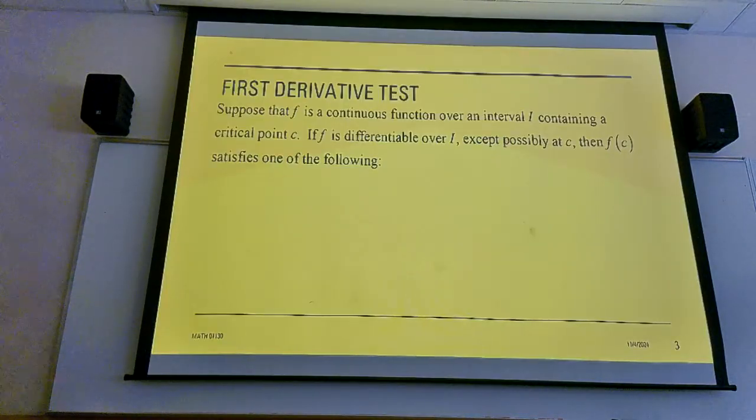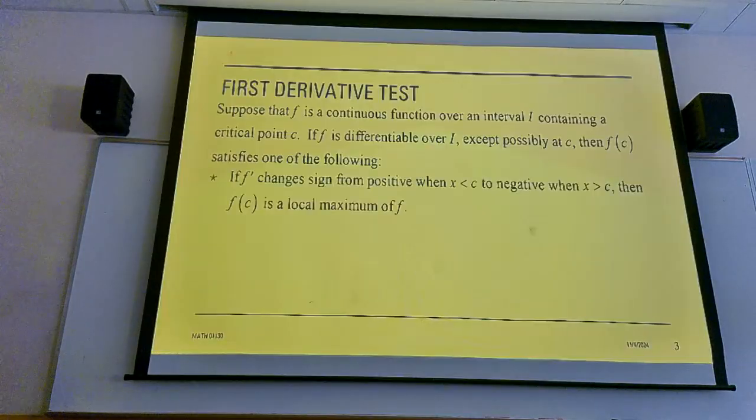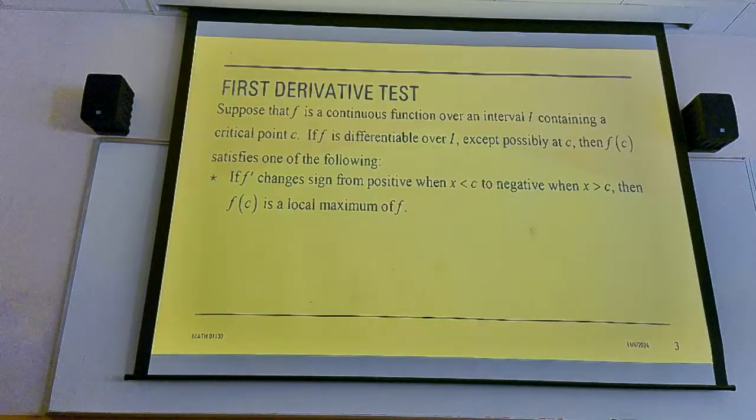If f is differentiable over I, except possibly at c, then f of c will satisfy one of the following. f of c is going to be a local max if f prime changes sign from positive when x is less than c to negative when x is greater than c. Right, so when the function switches from increasing to decreasing at a point, that point results in a maximum.